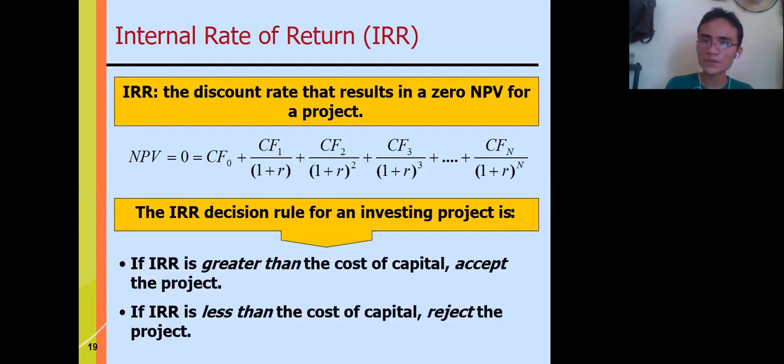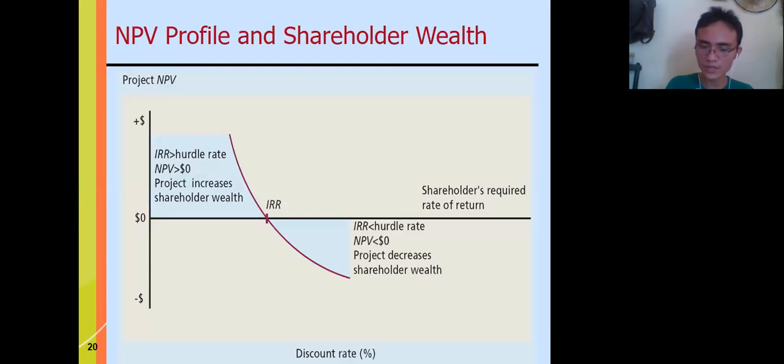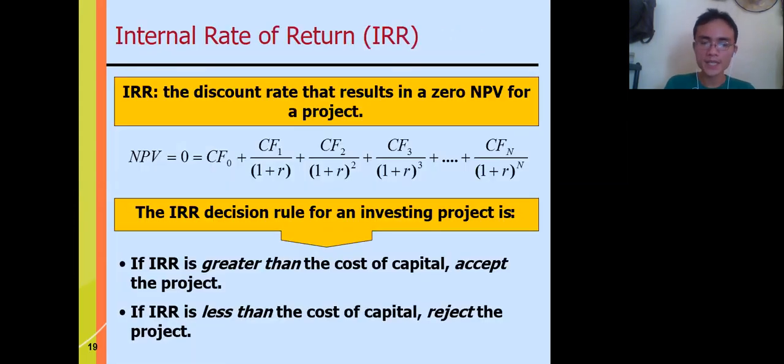Okay, another one, this one is like the challenging part that a lot of students would think about, but for us, we will just be talking about the concept. So this is the rate by which the investment cost, the CF sub 0, would be equal to the present value of all cash flows attributable to the project or proposal. And then we think of the cost of capital.